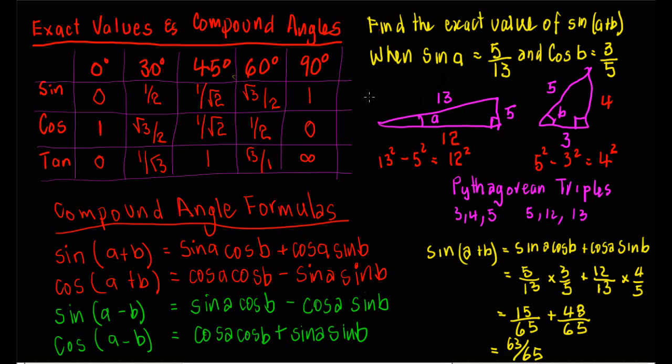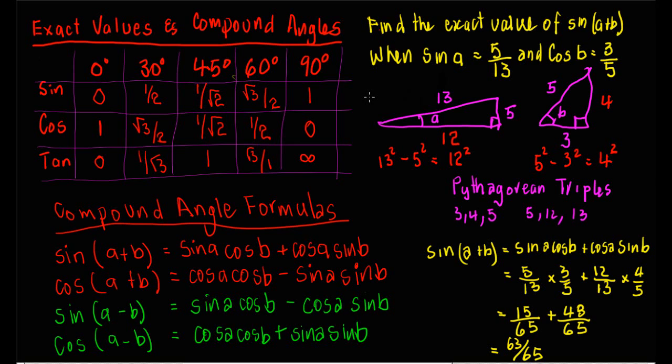Now we have this one here, which is a little bit different. Find the exact value of sine A plus B when sine A is 5 over 13 and cos B is 3 over 5. Now, as we know, these represent the sides of a right angled triangle.